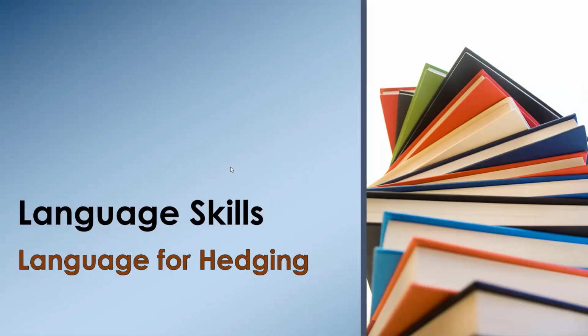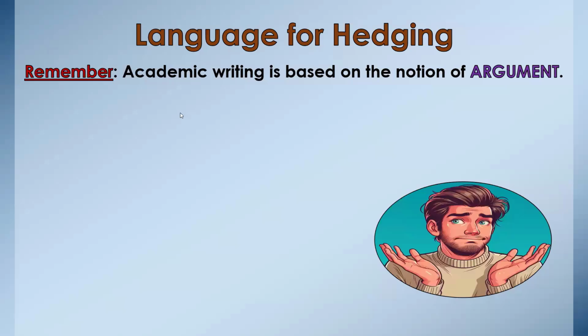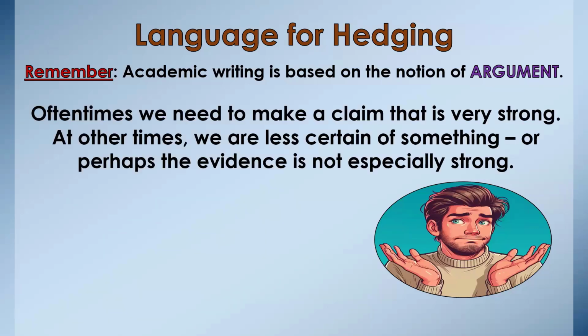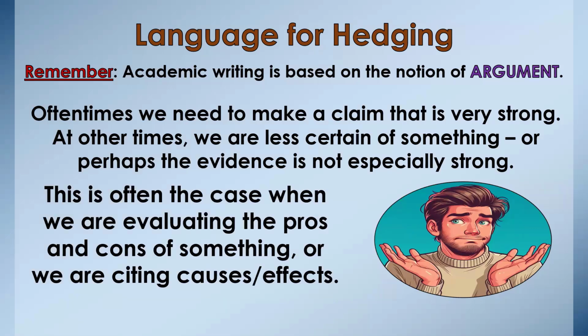Okay, let's discuss language for hedging. So remember, we've talked repeatedly about how academic writing is based on this notion of argument. And very often we're arguing our point, and we want to do so very forcefully, very strongly. Other times we want to make a point, but perhaps we're less certain of what it is we're arguing, or perhaps the evidence that we're using in support of our argument simply isn't strong enough.